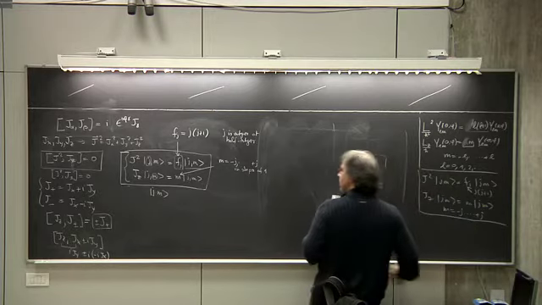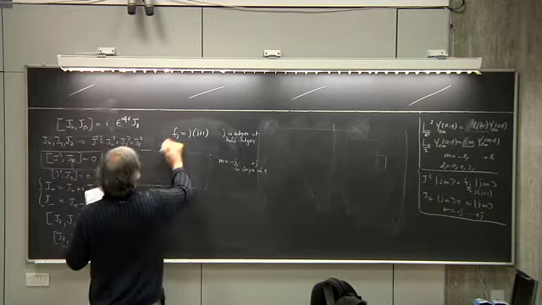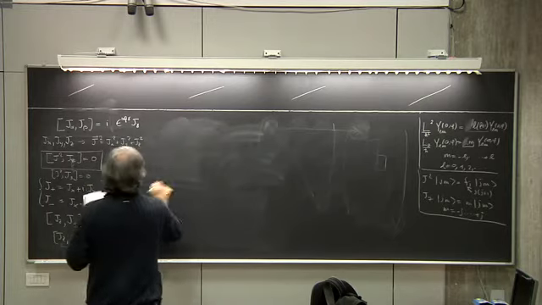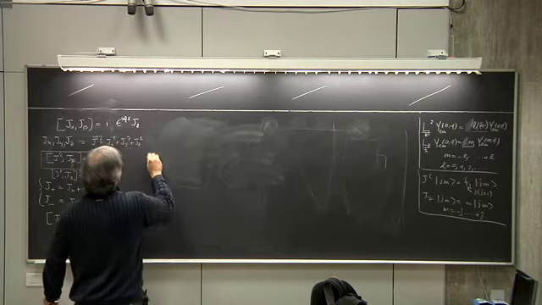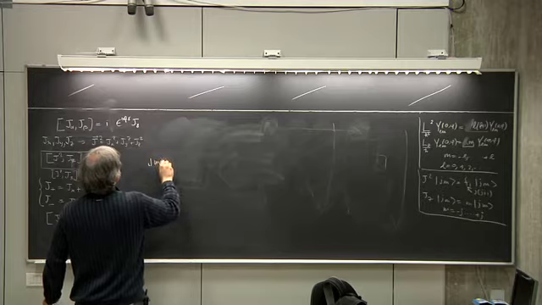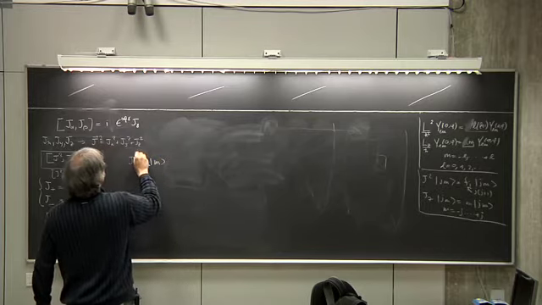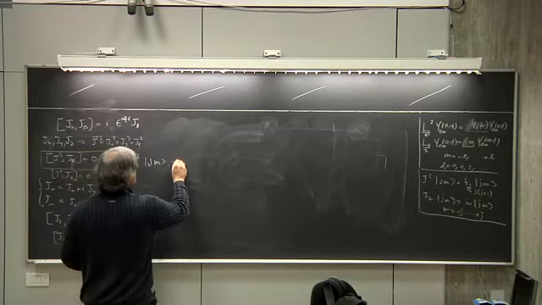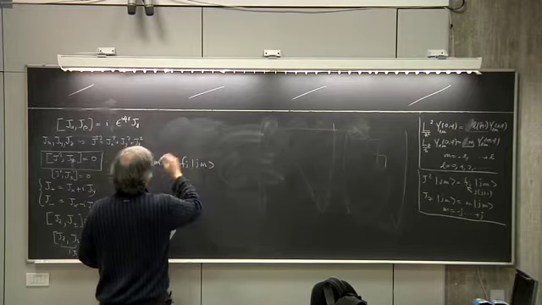Okay, so I now erase this, which is the goal, from the central part of this board. And I assume that I have some state, let me call it just Jm, which is an eigenstate of j square with some value of the eigenvalue, which I really still don't know how to predict, but there must be some eigenstate, okay?